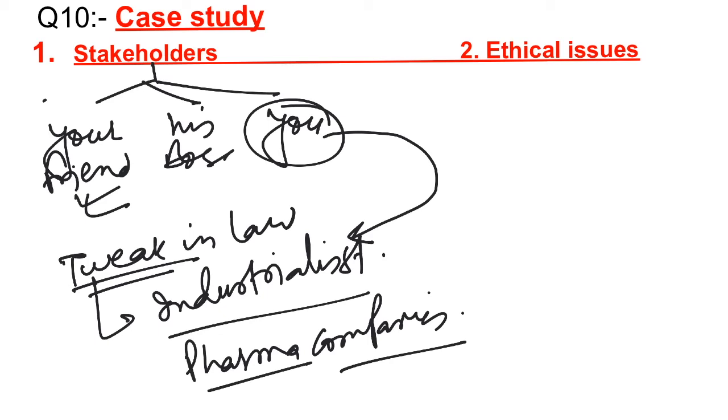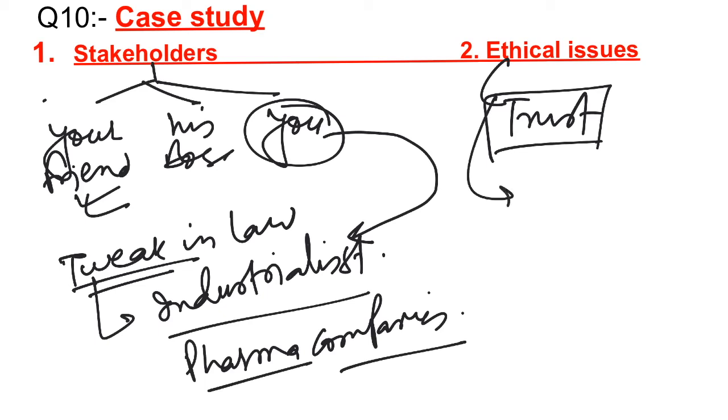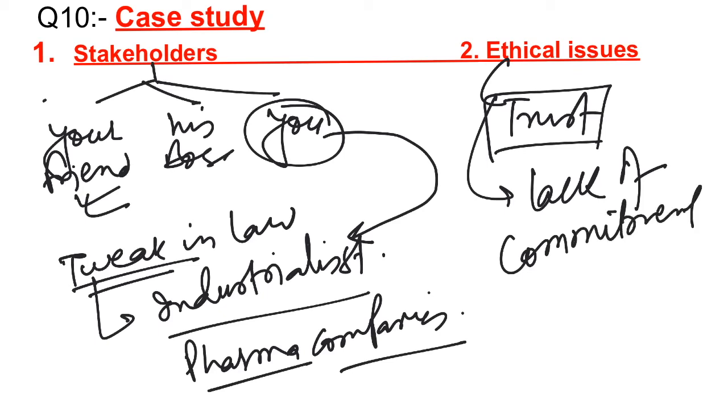Okay, so the ethical issue involved here is with respect to trust. He is your friend and he has broken your trust, because you considered him honest. There is also a lack of commitment to public service which is being shown here.